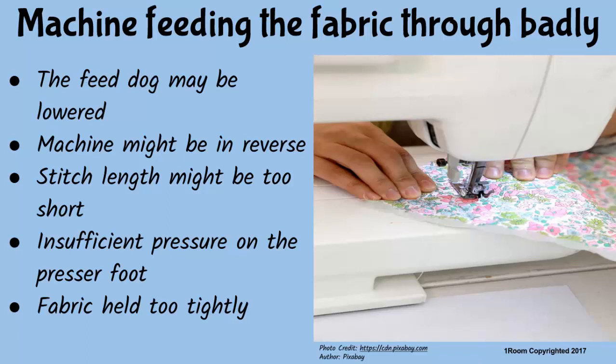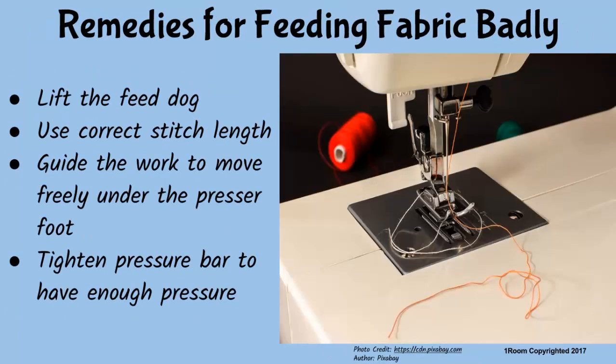Don't ask me the remedies. You must have lost me somewhere along the way. I guessed so. Alright, the solution here may involve lifting the feed dog, using the correct stitch length, guiding the work to move freely under the presser foot, as well as tightening the presser bar to have enough pressure.